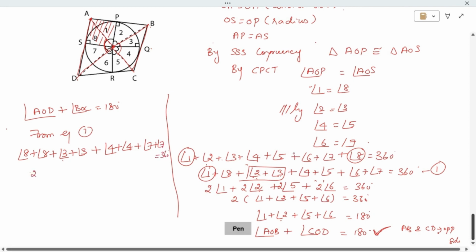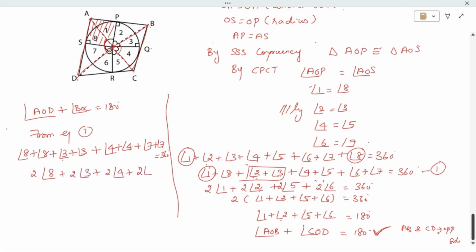So now I will get 2 times angle 8 plus 2 times angle 3 plus 2 times angle 4 plus 2 times angle 7 equal to 360. Taking 2 commonly out, I get angle 8 plus angle 3 plus angle 4 plus angle 7 equal to 360 divided by 2, that is 180 degrees.